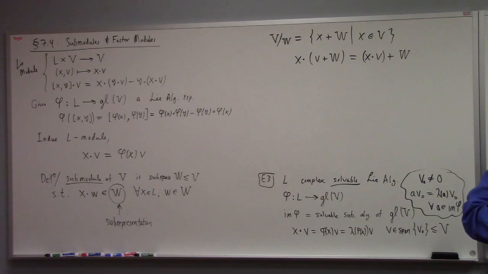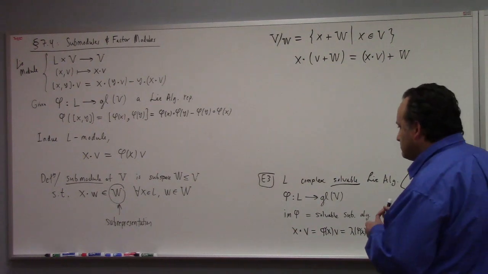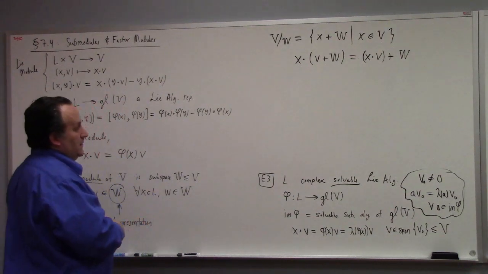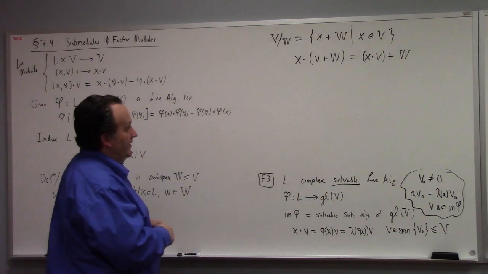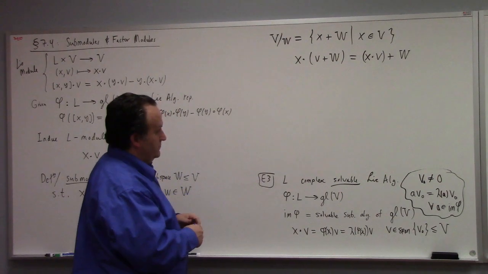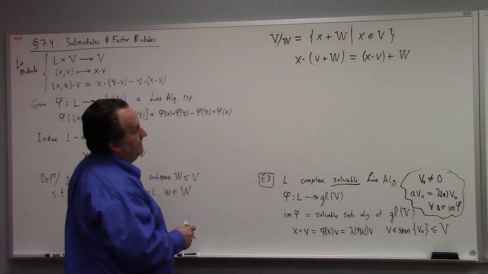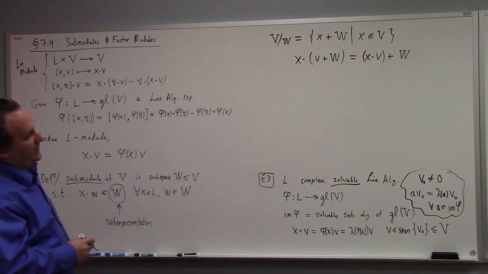And how do we prove that this is an honest to goodness L module? What's the first thing you want to check? You want to check that the mapping is a bracket. Well, there's something more basic we need to check here.